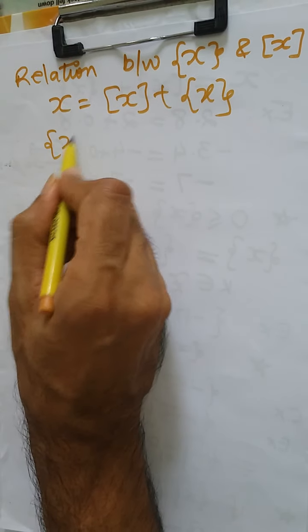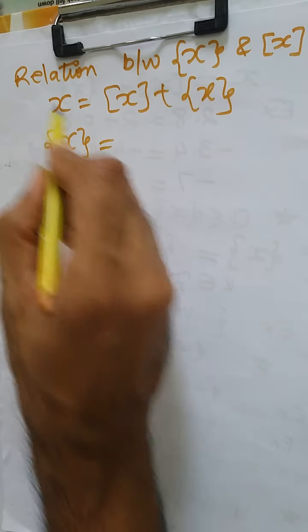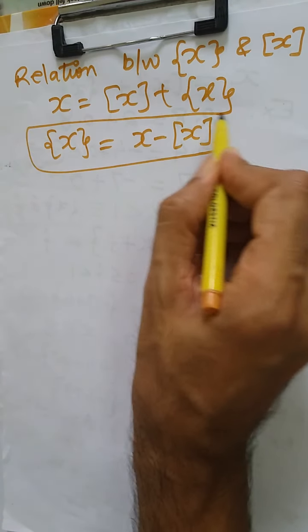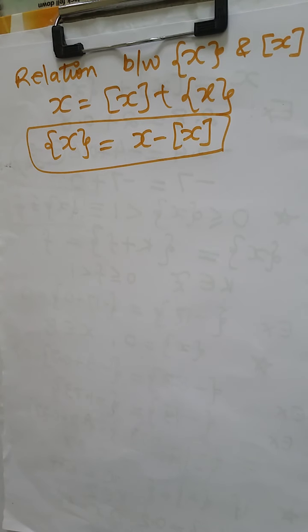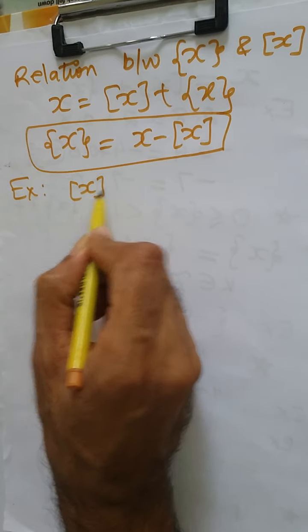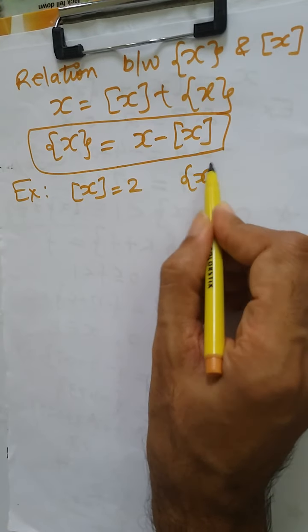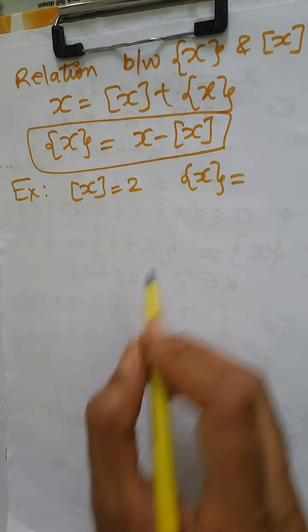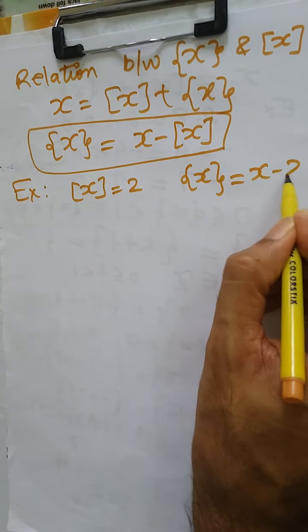So fractional x, we will take this to the other side, is x minus greatest integer x. That's the relation. For example, if greatest integer x is equal to 2, fractional x is what? Fractional x is clearly x minus 2.